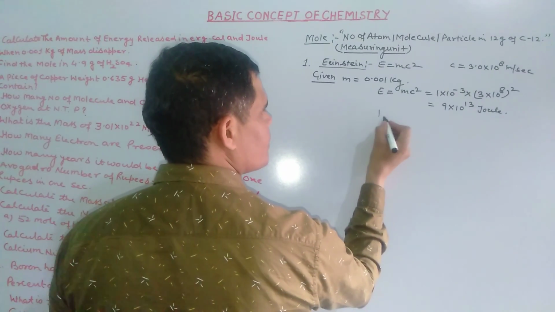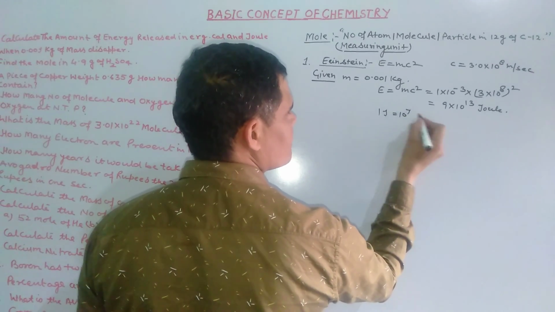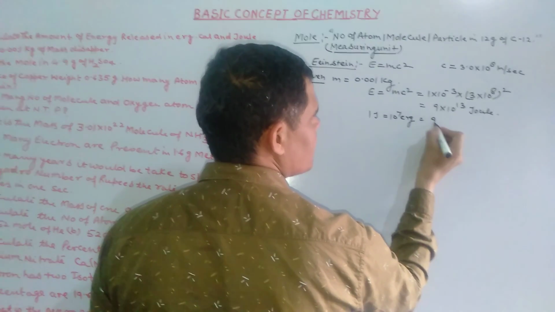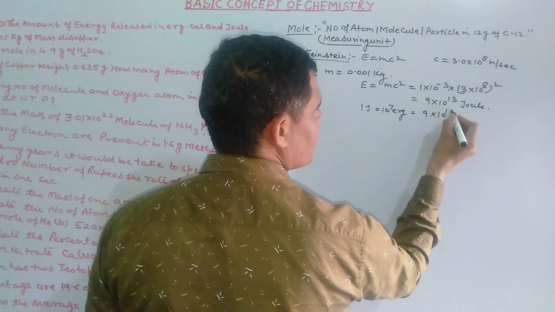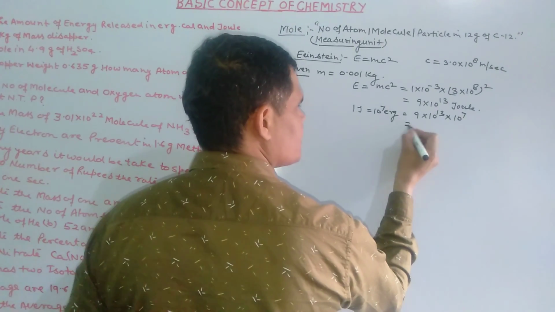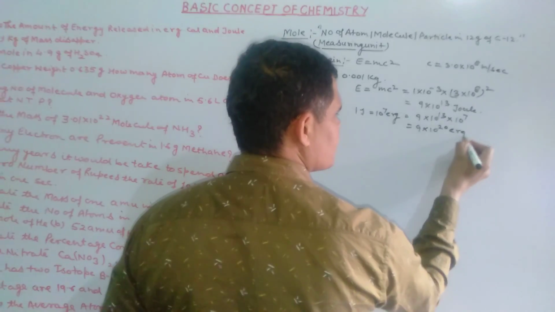We know that 1 joule equal to 10 to the power 7 erg, hence its value will be 9 into 10 to the power 13 into 10 to the power 7. It means 9 into 10 to the power 20 erg.